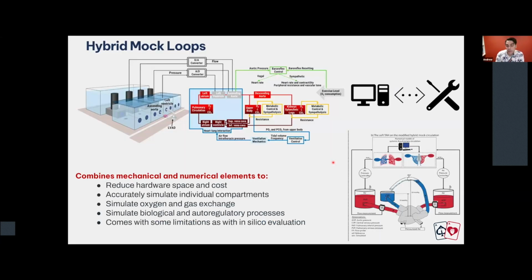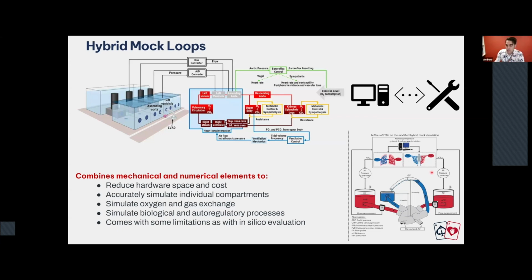Lastly, I'll talk about hybrid mock loops. So a hybrid mock loop is a mix of physical components on the bench and mathematically simulated components in the computer. So you can see in this example here, there's an actual heart on the bench there. And then there are a couple of pressure reservoirs which are changing the pressure that go into and out of the heart.